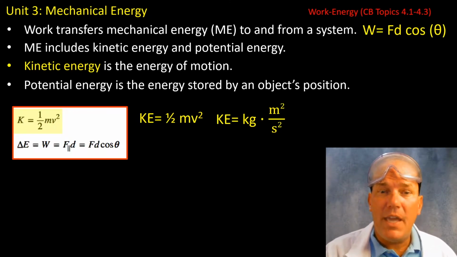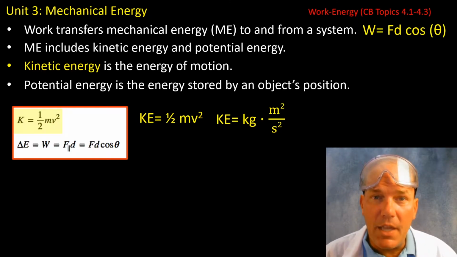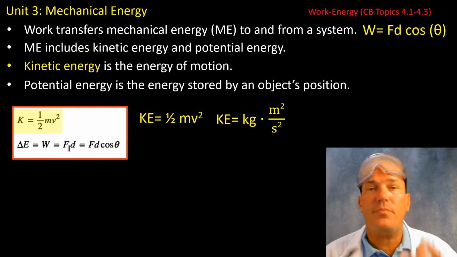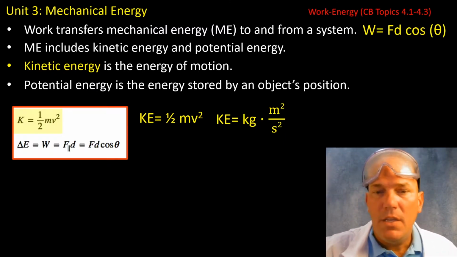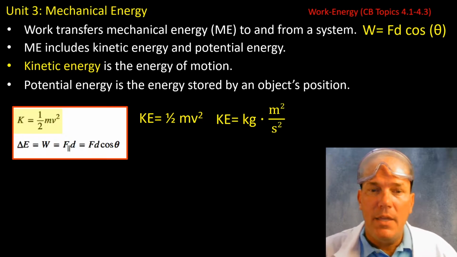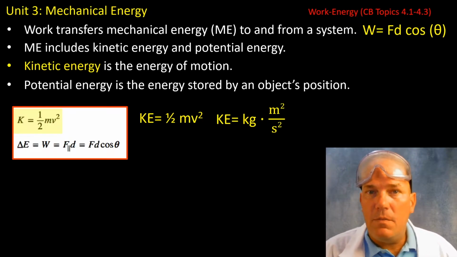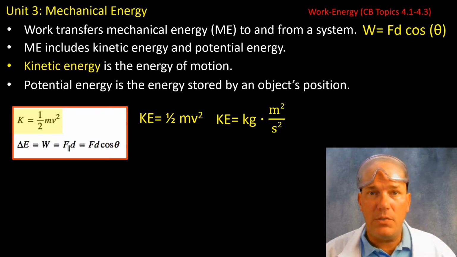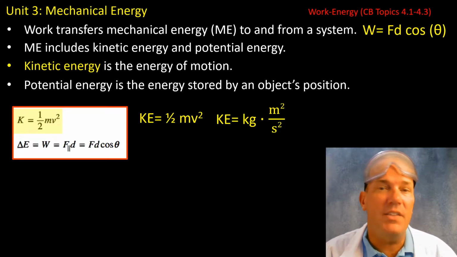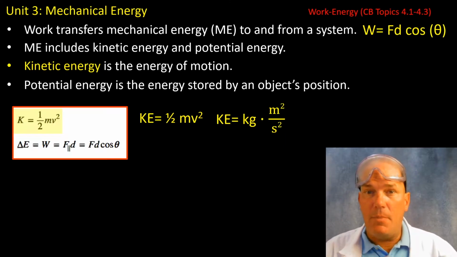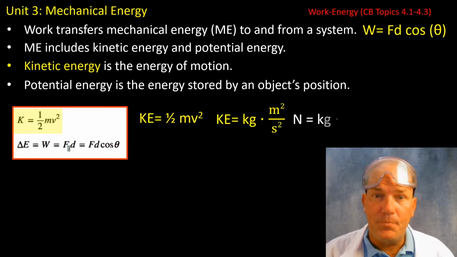So let's look at the units for calculating kinetic energy here. We have mass, kilograms, multiplied by velocity squared. Well, velocity would be meters per second, but it's squared. So we get meters squared over seconds squared. And I'm telling you that this is a joule.